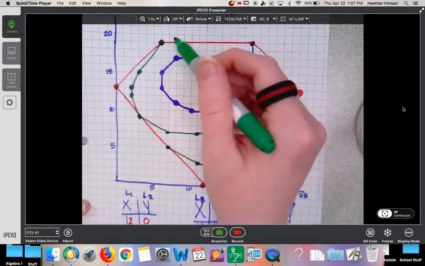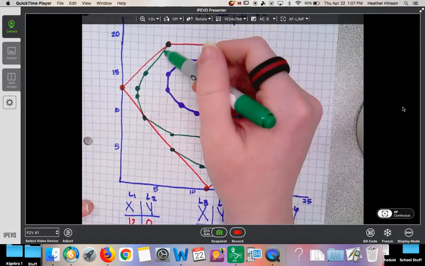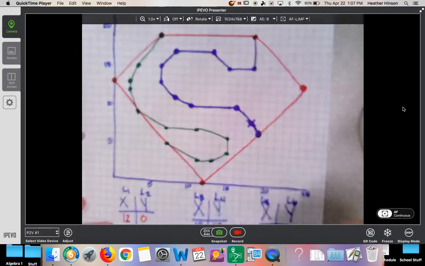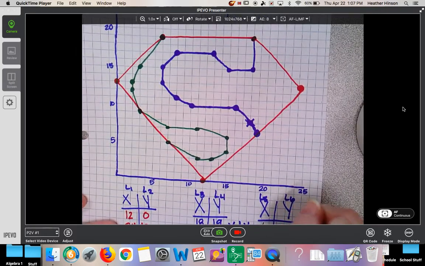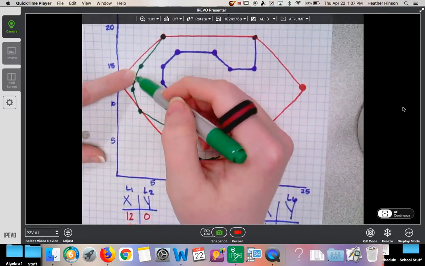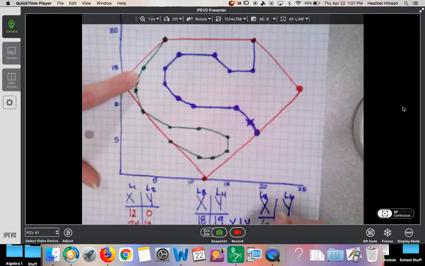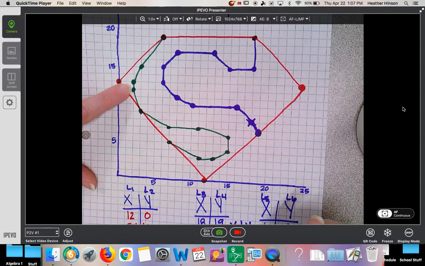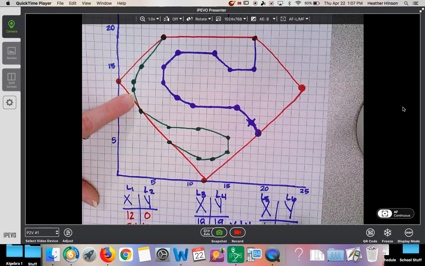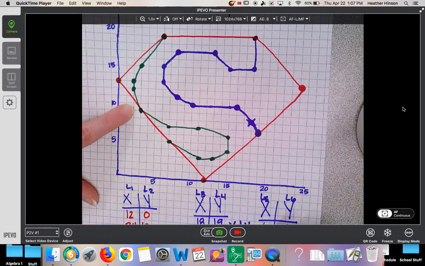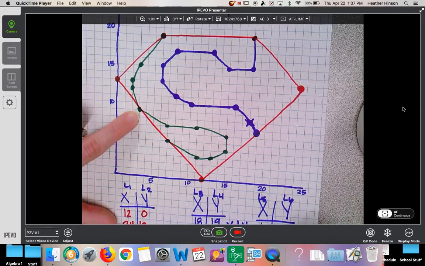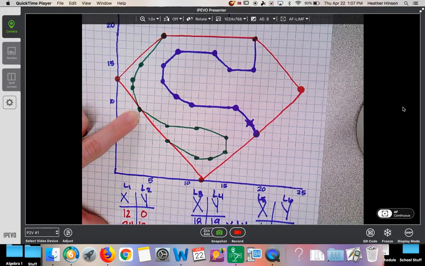So then I'm just going to grab these points. So I've got 6, 19. Let's see. Got 3, 15. We got 2, 13. 2, 12. 3, 9.